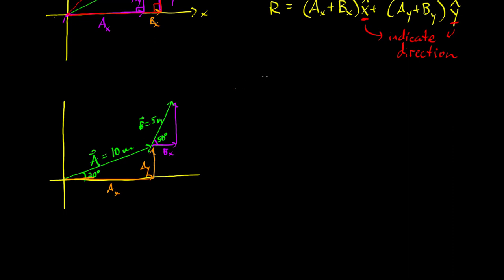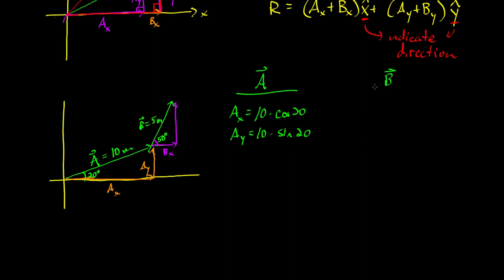So one way of doing it, let's just do A. So the A vector. AX, if you go back and review your trig, what you'll see is that this one right here is the magnitude 10 times it's next to the angle, so it's cosine 20. And AY is the magnitude 10 times sine 20.